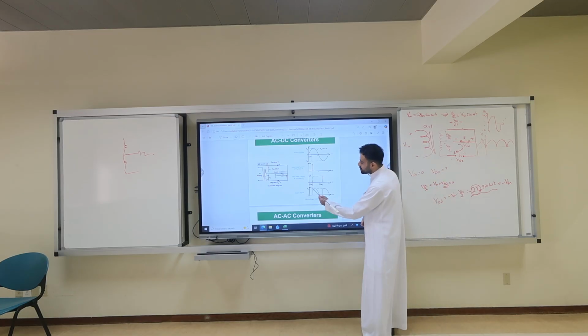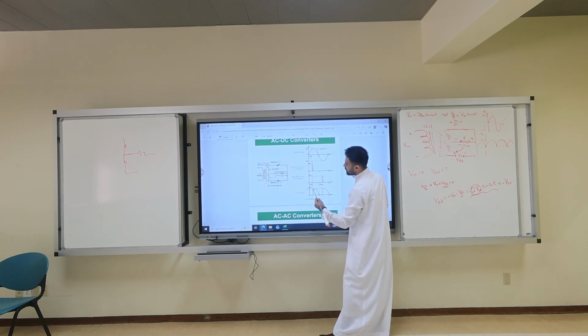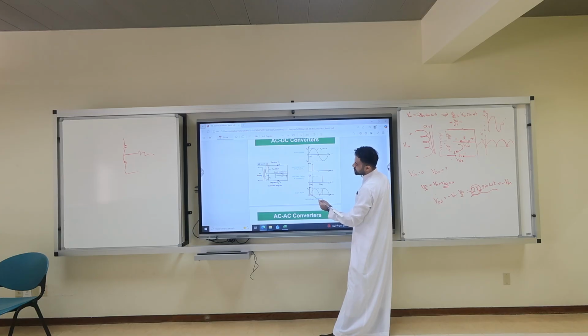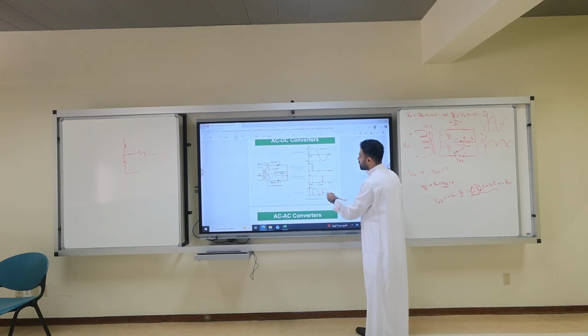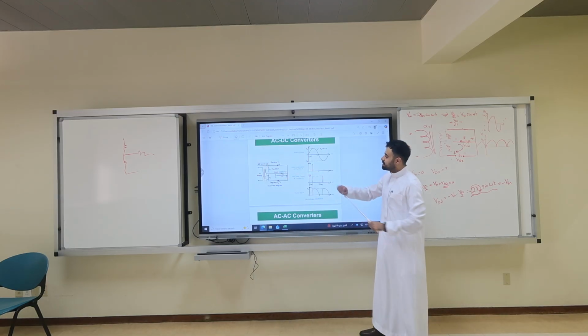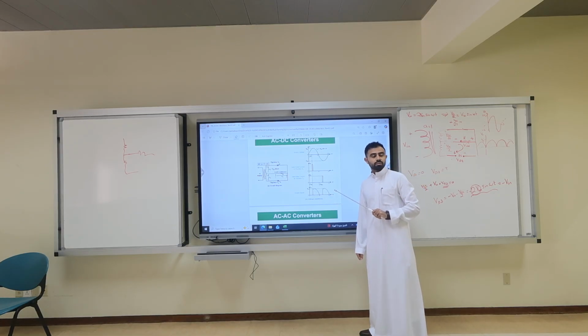If you notice, this part is chopped, this part is chopped, and this part is chopped. Originally it's a full wave rectifier with the regular diode. But because we delay the conducting until we send the pulse, we reduce the DC voltage. So the DC voltage in this rectifier output is smaller than 0.6366 Vm.